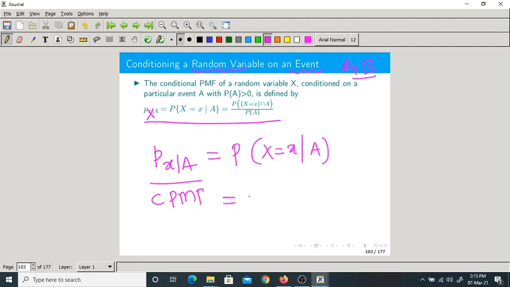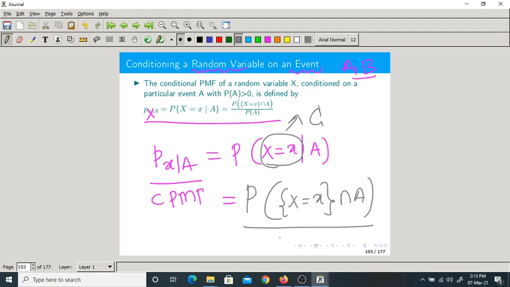Now, what is this? Assume like this. This is event A. Let's assume that is an event, some C. We are asking for P of C given A. So what do you write generally? The probability of C intersection A divided by the probability of A. In this case, the probability that X equals small x intersection A, divided by the probability of A. So there is no need to confuse at all.